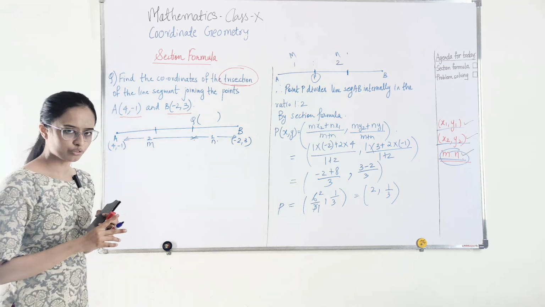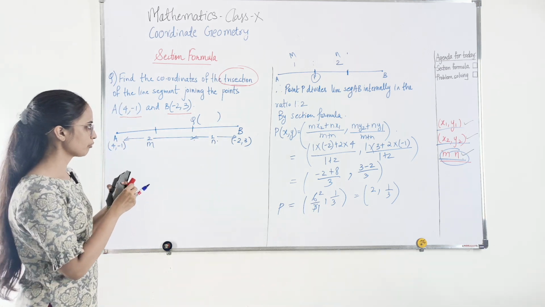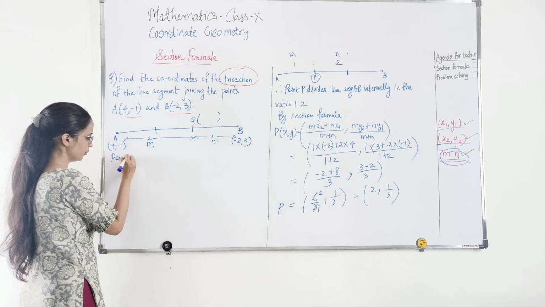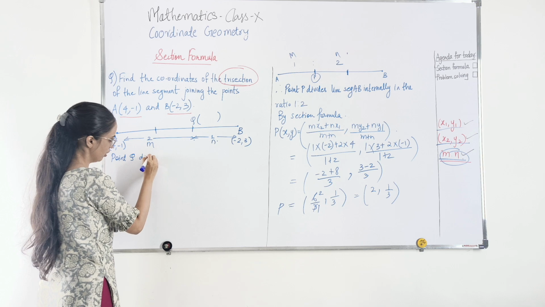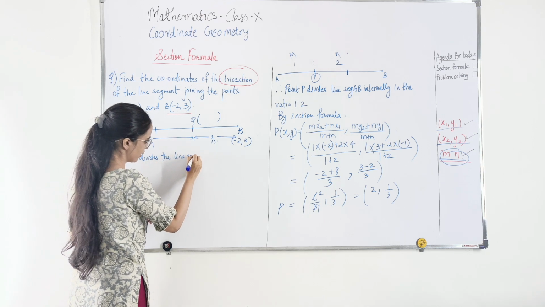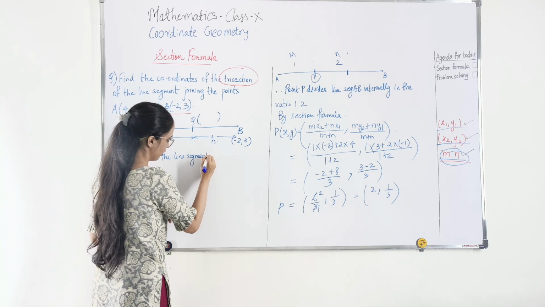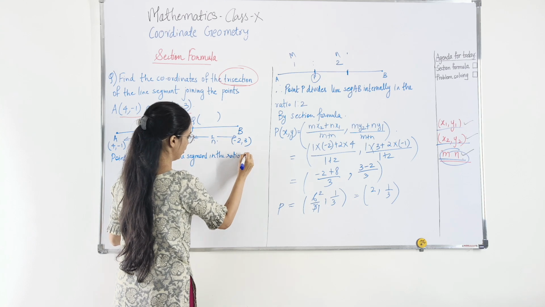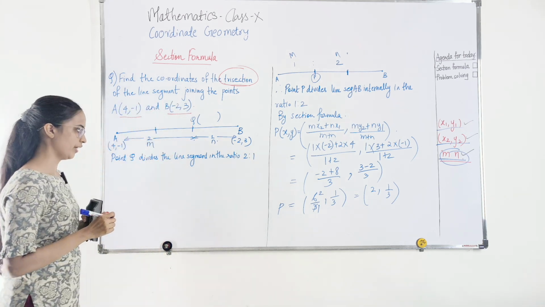Again, can we use section formula? So we are supposed to first write: point Q divides the line segment in the ratio 2:1.